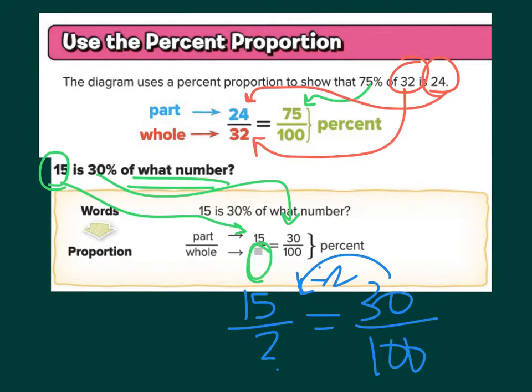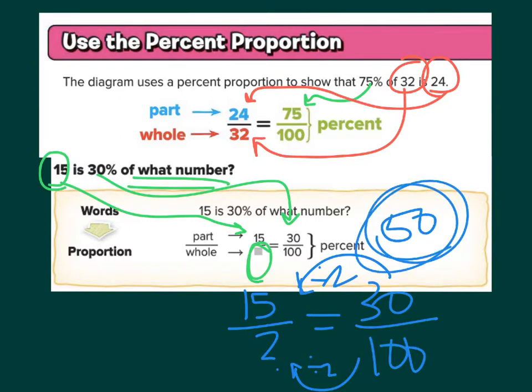Well, I would divide by 2. So once again, I'd have to divide 100 by 2, and that would give me an answer of 50. So that means that 15 is 30% of 50.